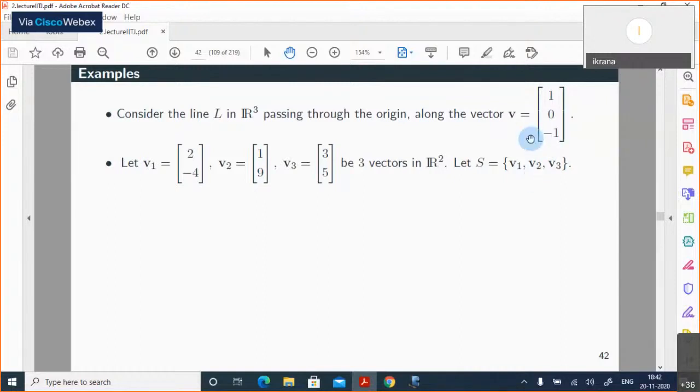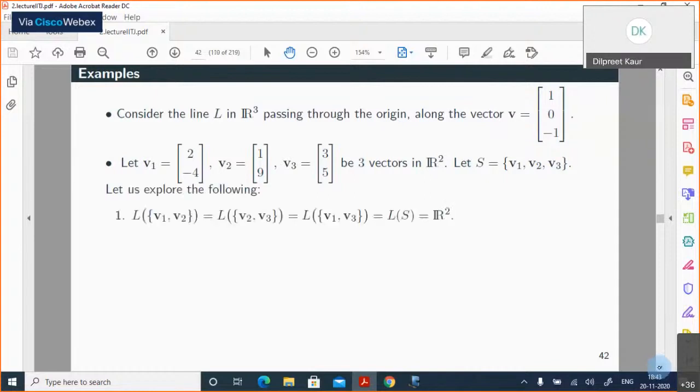Let us take vectors v1, v2, v3. There are three vectors, each has two components, and S is the set of v1, v2, v3. Let us do this exercise now.